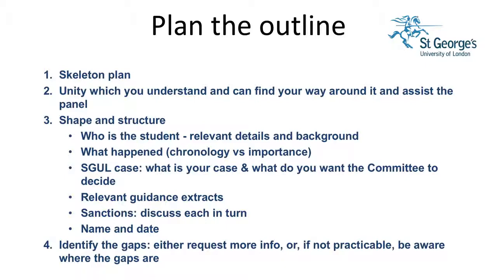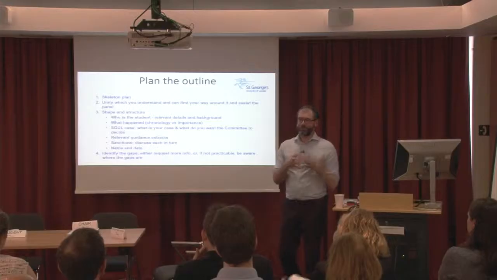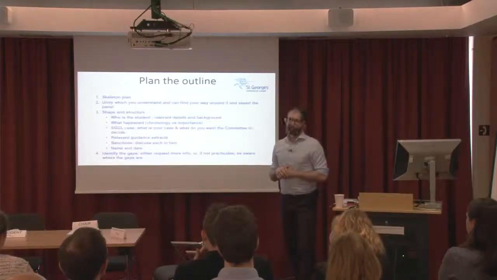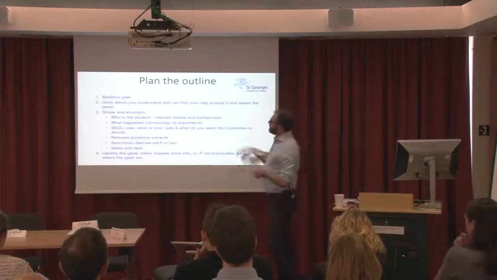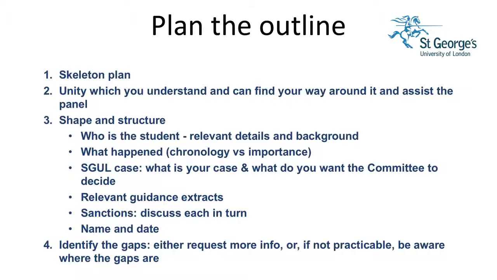And you probably sometimes need to fill them in with evidence that you will need to gather yourself, obviously with the help of our student affairs team. Then shape and structure. So you've got your framework. You remember, we had a framework which you need to follow. But then, in your structure, you need to remember all these things. Who is the student? What happened?